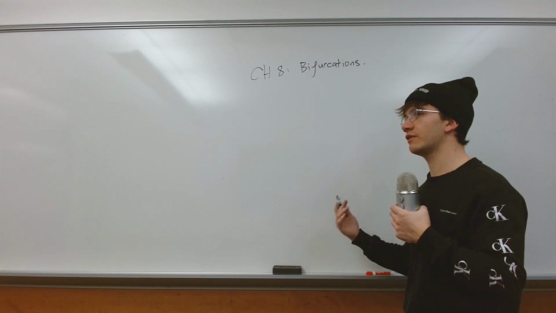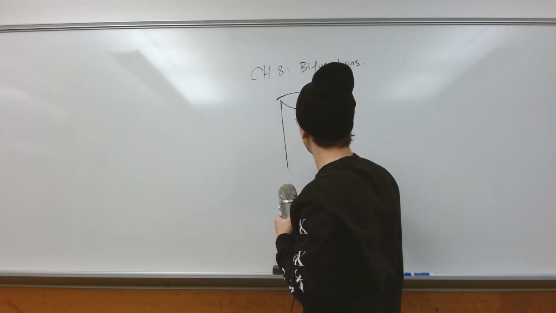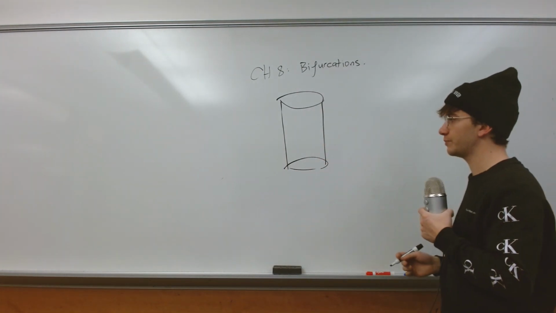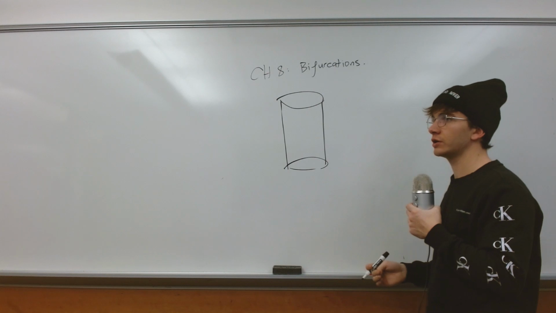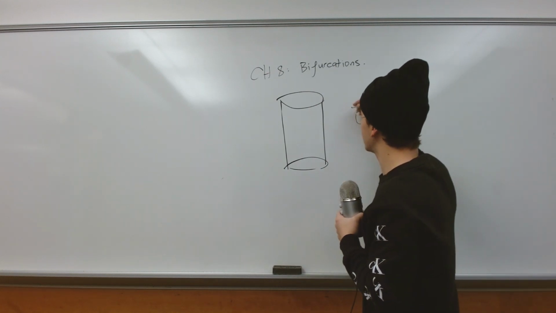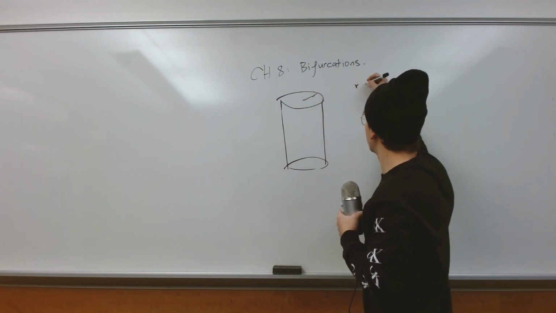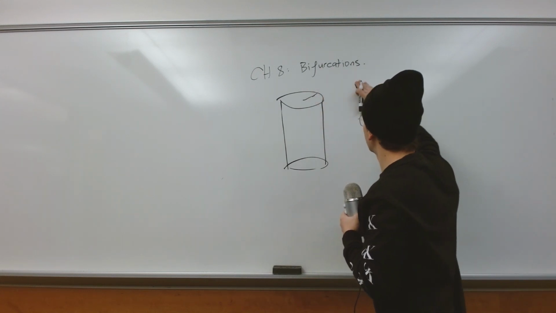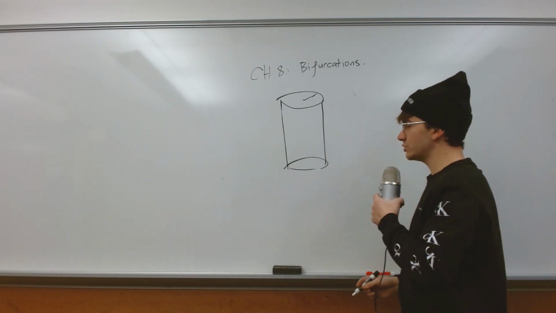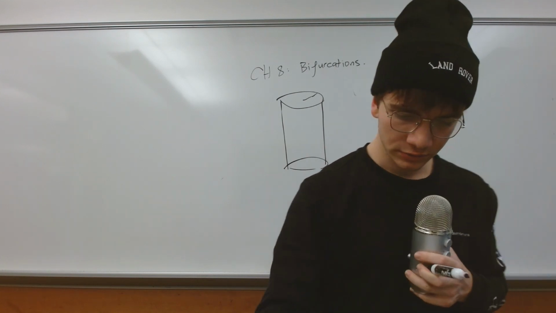So, as a simple example of a Poincare map, if we look at some sort of periodic solution, say we're looking at flow on a cylinder, okay? So this would be the phase space for something that's periodic in one variable but not in the other.